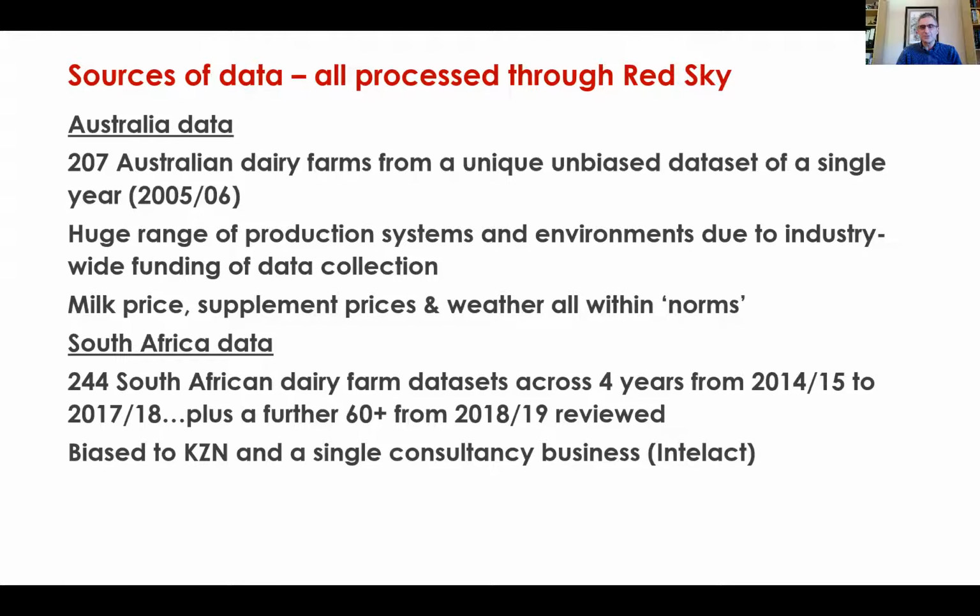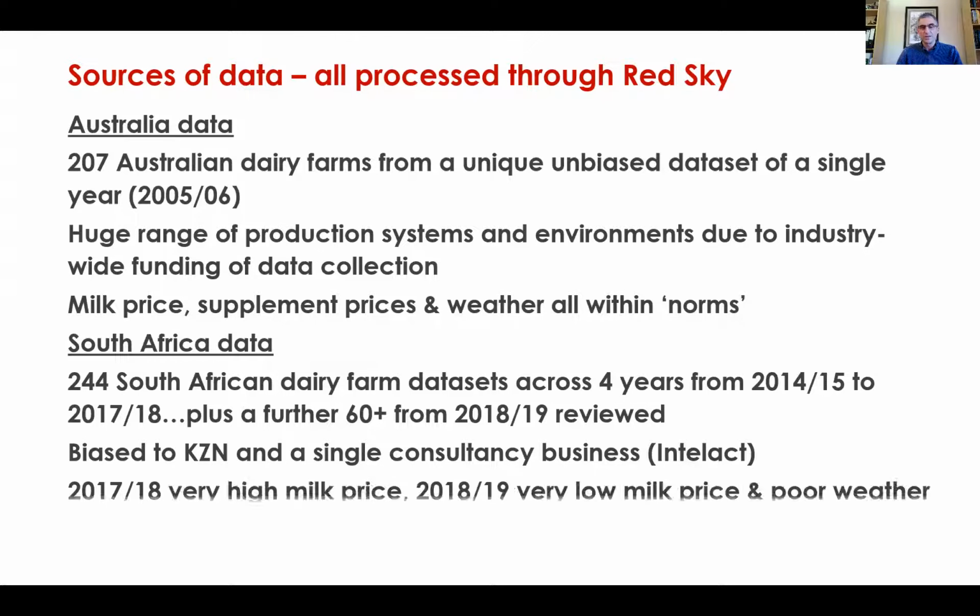Although there was some data that was collected independently, the data is also biased to KZN dairy farms. The 4 core years had a range of commodity prices and a range of growing seasons, with 2017-18 being the very high milk price year. 2018-19 was the year with the very low milk price and poor weather, which did make it an outlier and not worth including in the main study.